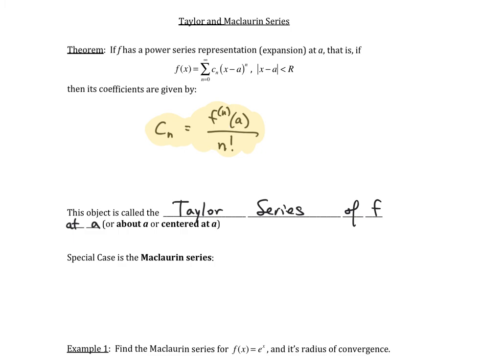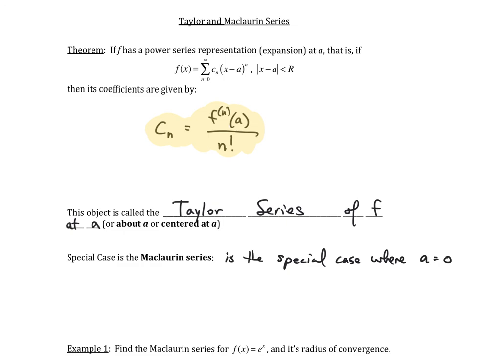Okay. We have a special case called the Maclaurin series, where this a is just equal to 0.